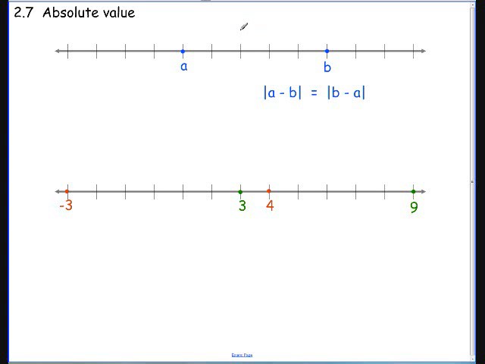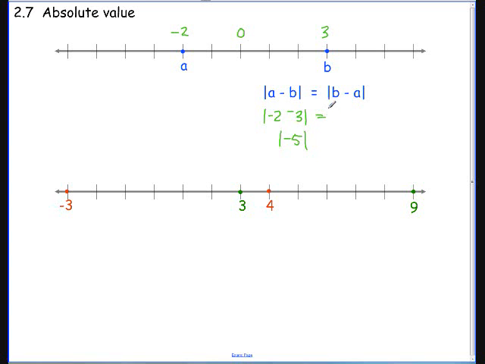Let's say this is 0, and this is negative 2, and our b is a positive 3. The absolute value of a minus b is the absolute value of negative 2 minus a positive 3, or the absolute value of negative 5.